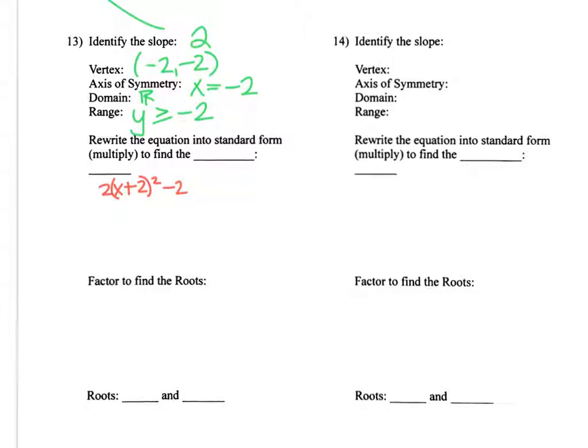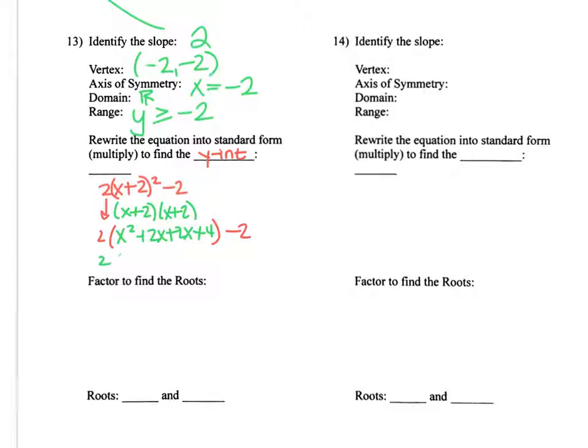All right, remember we multiply to find the y-intercept. So if I multiply here, I've got to do the x plus 2 part first. All right, that's going to give me x squared plus 2x plus 2x plus 4. Then I'm going to bring down my 2 and my minus 2.